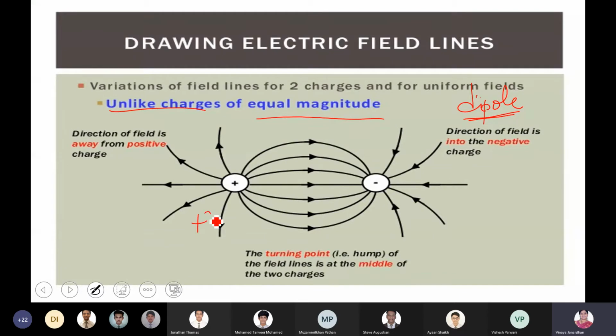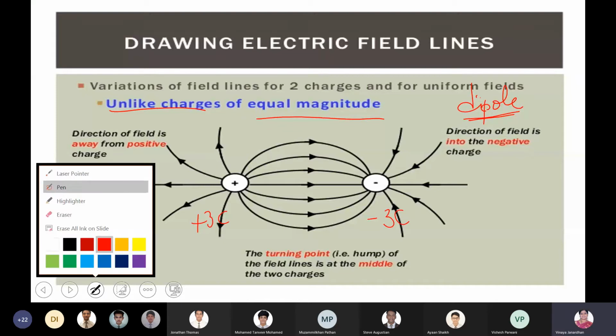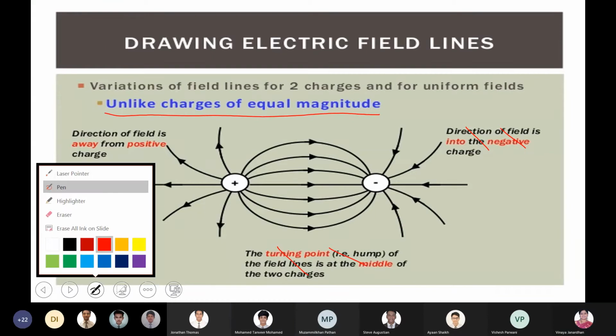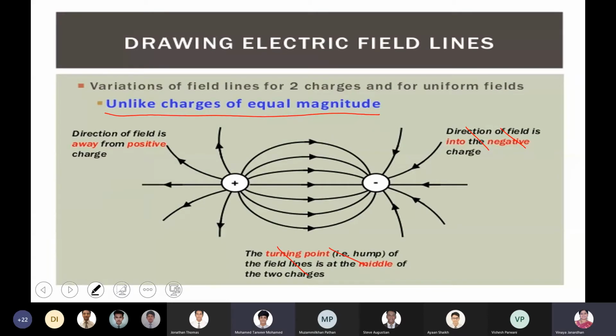If this is plus 3 coulomb, this should be minus 3 coulomb. Just do the diagram, but write the heading. Now in brackets we'll write dipole.